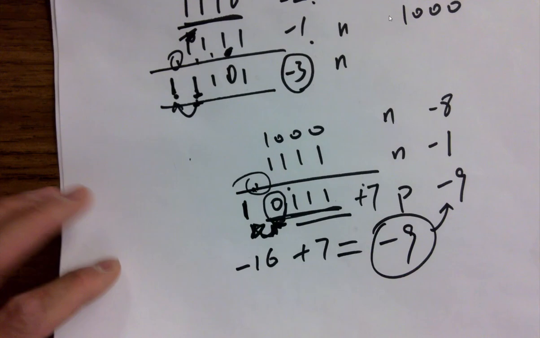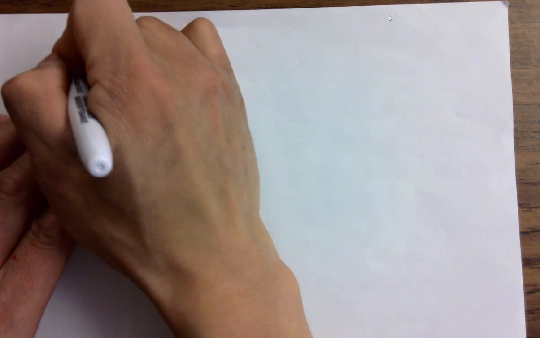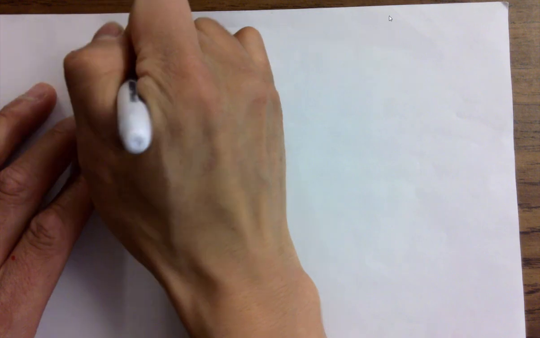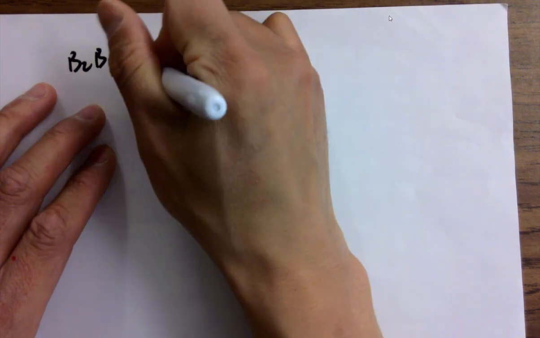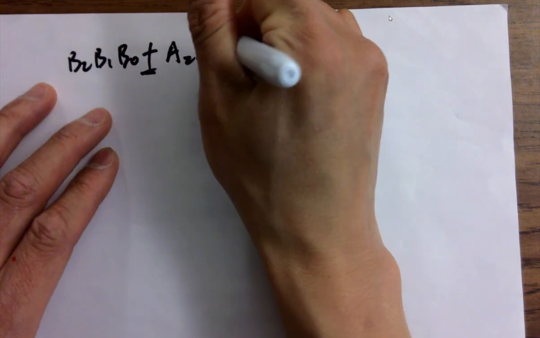So now let's think about the hardware. How do we design the hardware to implement this idea, right? Implement this idea. And this is a 3-bit number system. It's B2, B1, B0 plus or minus A2, A1, A0.